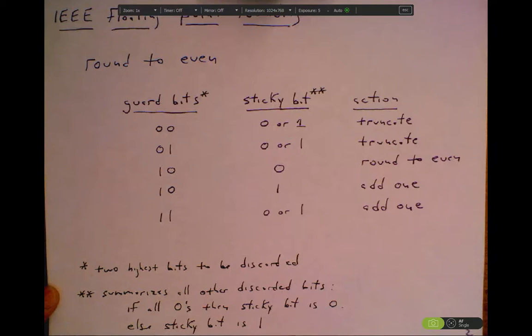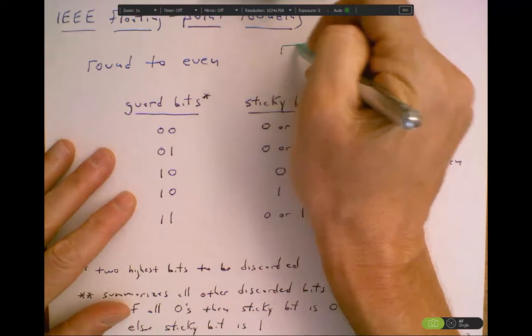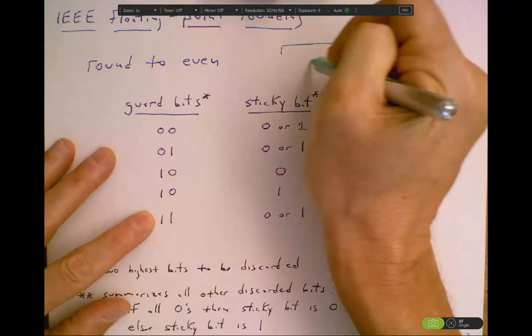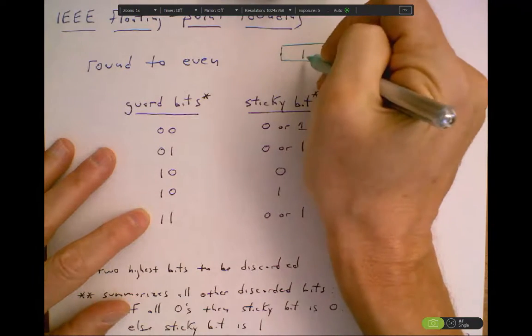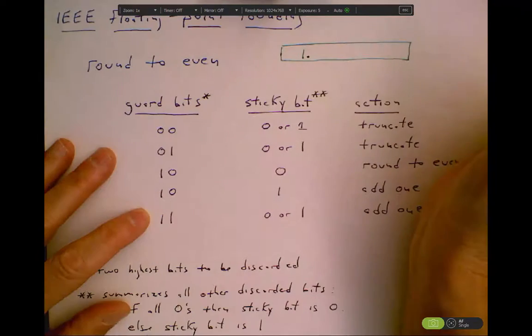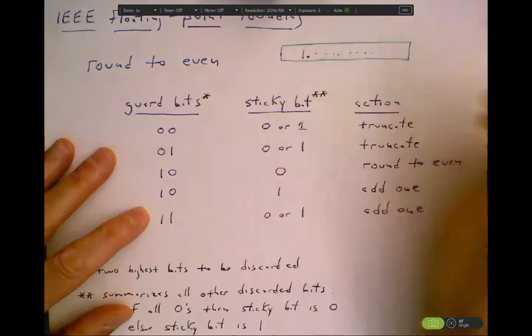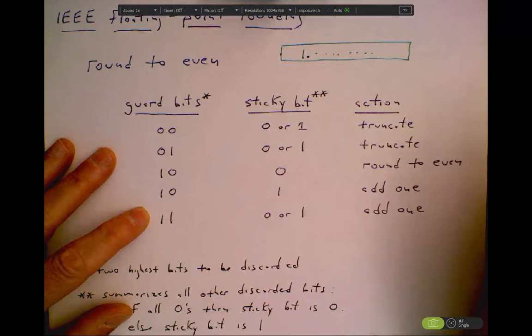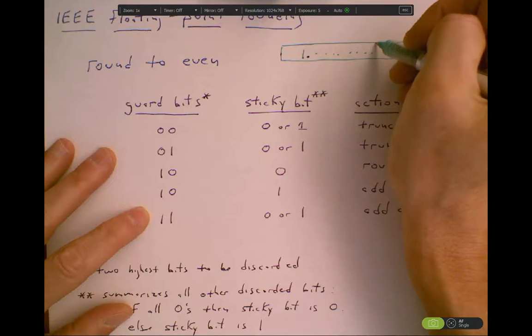Maybe I should draw a little picture up here. You decide where the radix point goes in order to normalize, and then you've got bits hanging to the right here. Again, just think back to that earlier example. And I can only keep 23 bits.